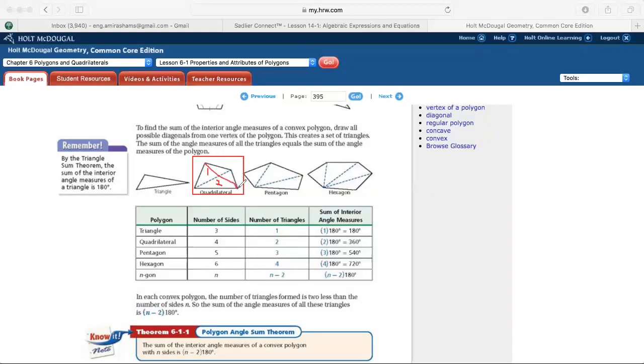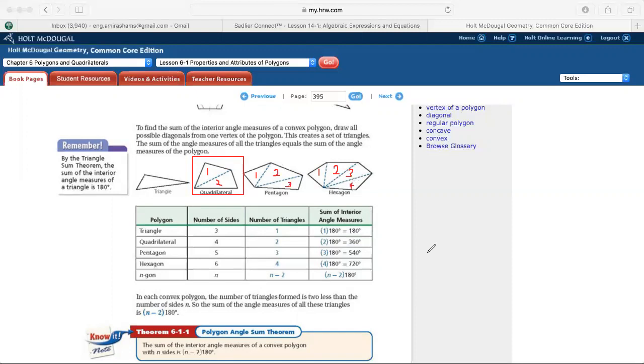So you tell me, teacher, no, I can form another. No, only like this. So the quadrilateral has two triangles. The pentagon, when I draw diagonals, I can form three triangles. The hexagon, when I draw diagonals, I form four triangles.